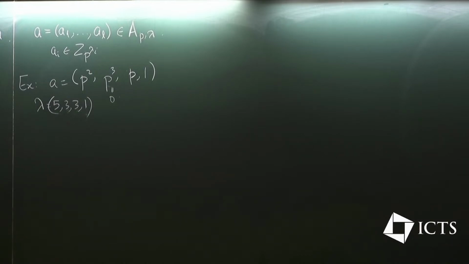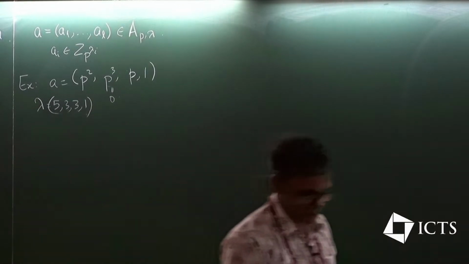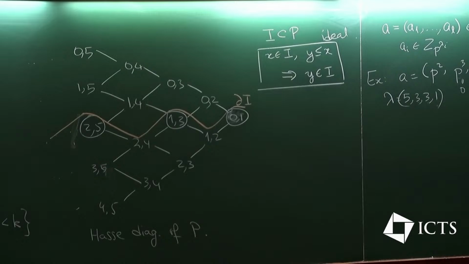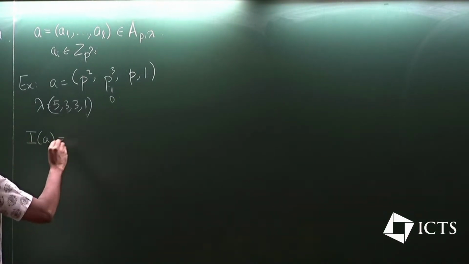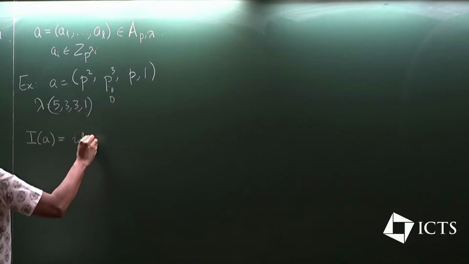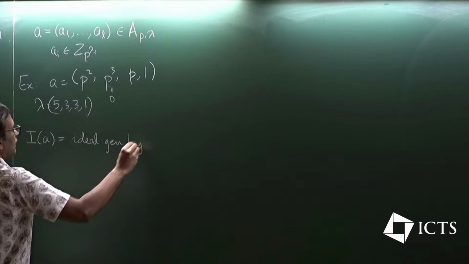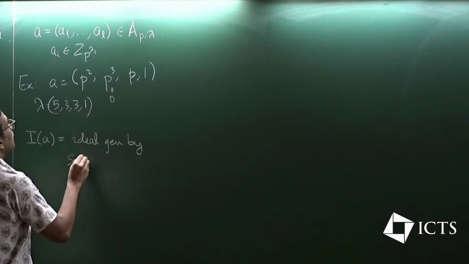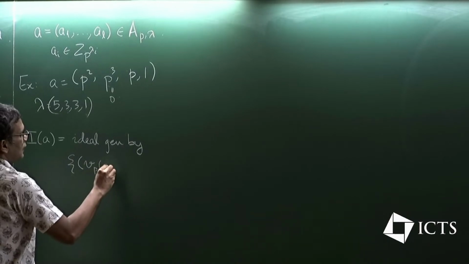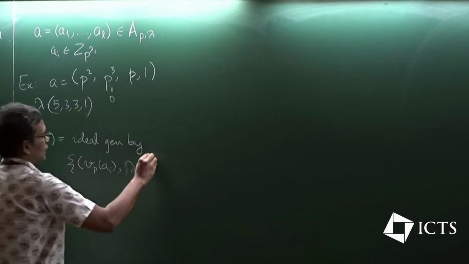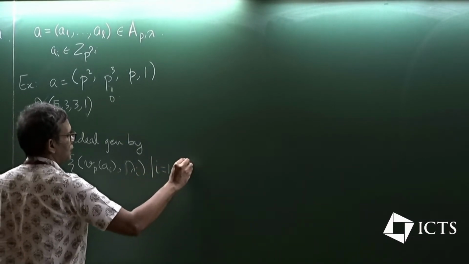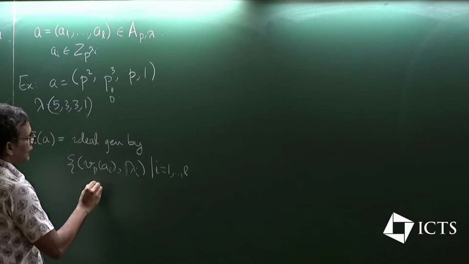So I'll call this the boundary of the ideal I. So I_A is equal to the ideal generated by the set v_p(a_i), comma, lambda_i, where i goes from 1 to l, where I assume that a_i is not equal to 0.